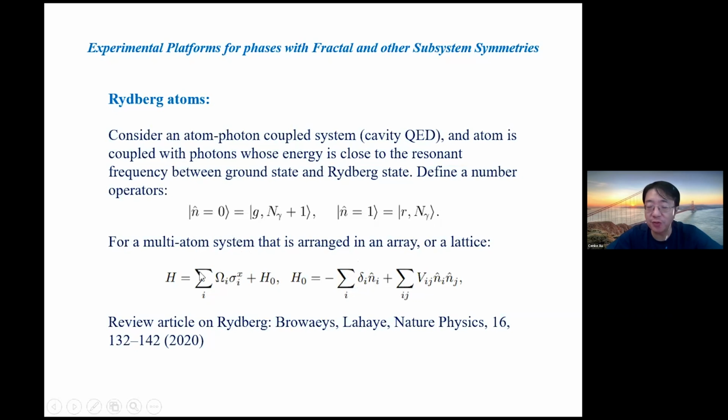There's a transverse field term, just like the transverse field Ising model, there's an H naught having an interaction between the Rydberg atoms, and also a chemical potential of the Rydberg atoms. If you want to know more about the Rydberg atoms, you can look at this review article on the latest progress. It's actually very good.